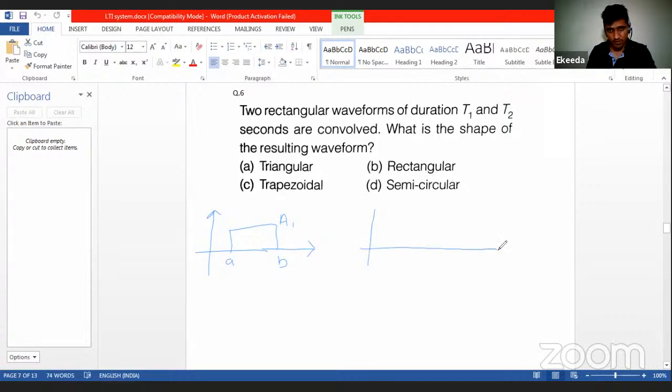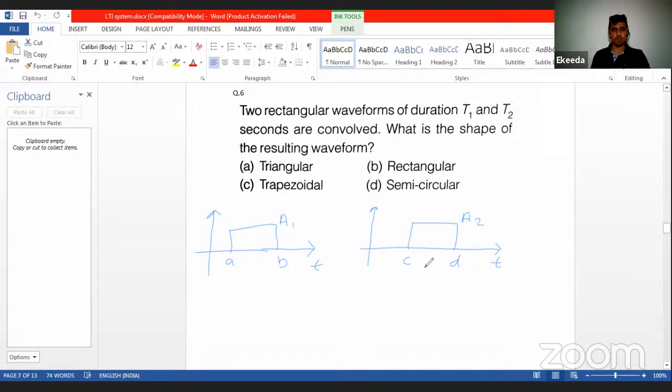And another is from C to D, having amplitude A2.